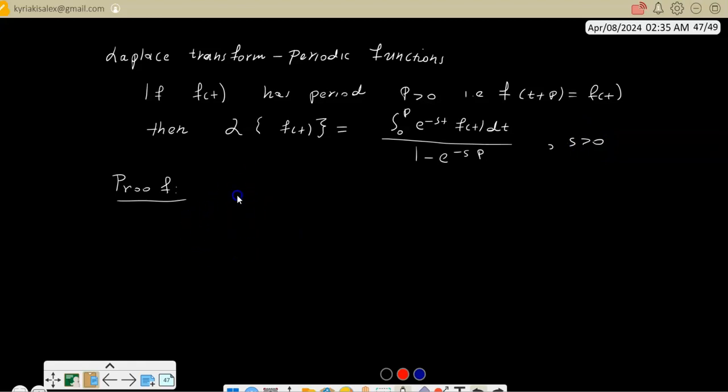We start with the definition of the Laplace transform. So we take the integral from 0 to infinity of f of t e to the minus st dt.